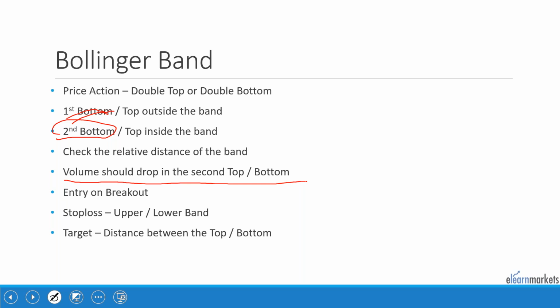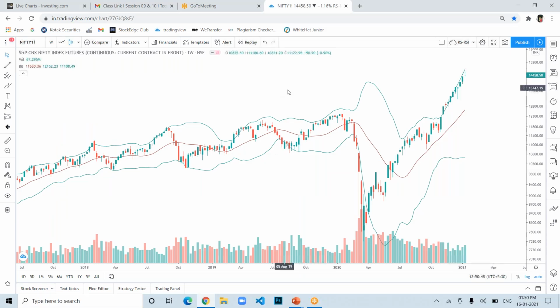If we have identified a double bottom, the second time when the bottom is being made, the volume should drop. And then whenever you get a breakout, you enter. Stop loss will be the lower band, and the target is simple: you calculate the difference between the bottom and the breakout level. So let us see on the charts.